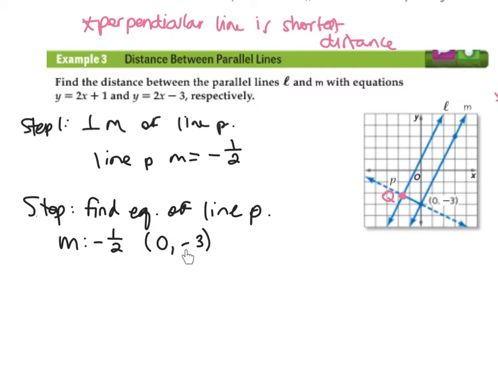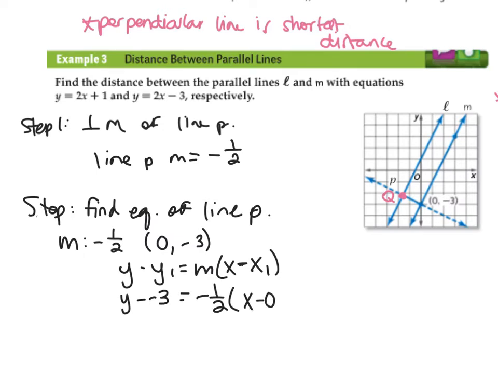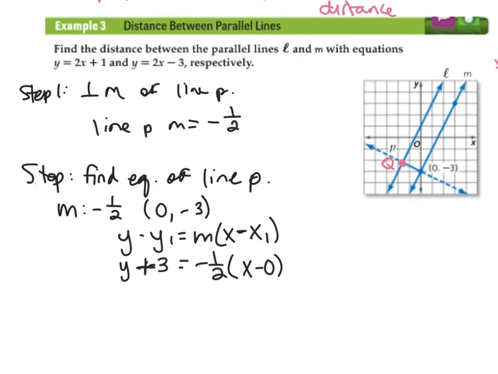All right, now we need to find the equation, so we're going to use point-slope form. Remember that's y minus y1 equals m times (x minus x1). Okay, substitute in what we have, so y minus -3 equals -1/2 times (x minus 0). This minus a -3 turns into a positive.